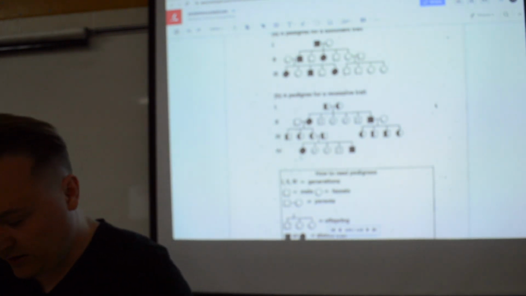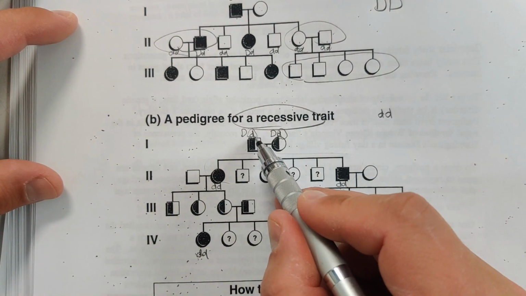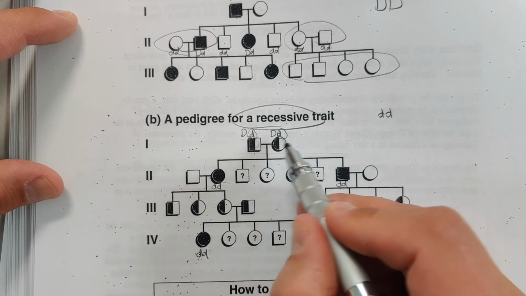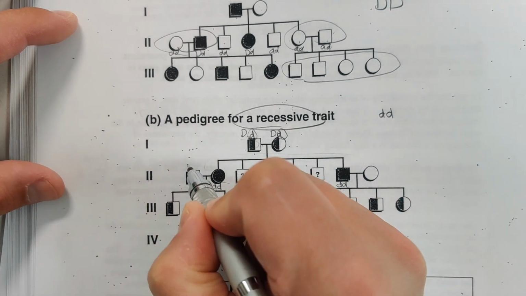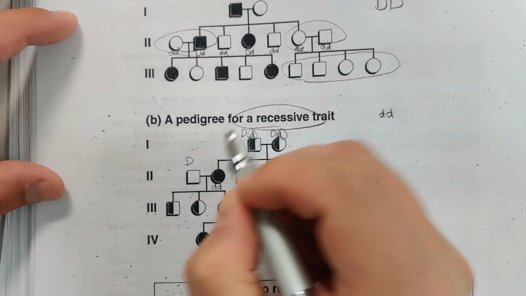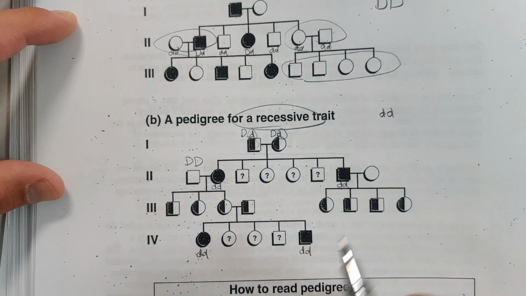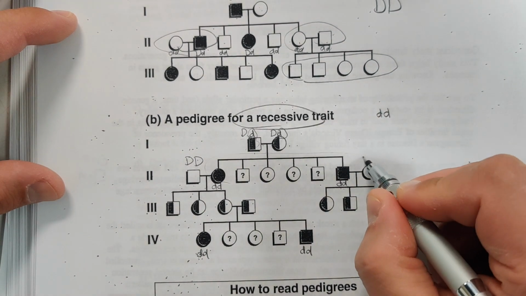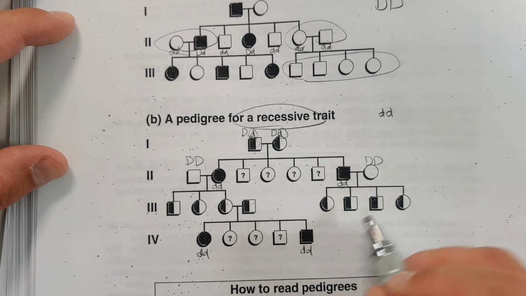It's very rare. So we can look here. We know that this parent is heterozygous there. This person obviously didn't have it, so they're going to be big D, little d, or big D, we don't know, right? This person didn't have it. But look at, half of their kids did.